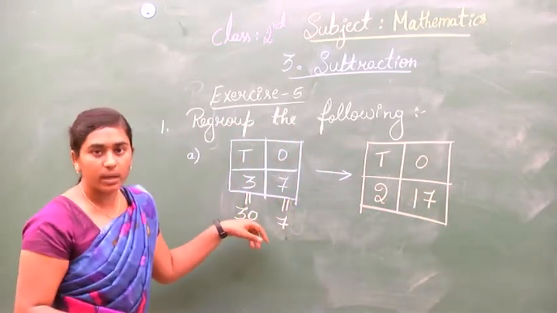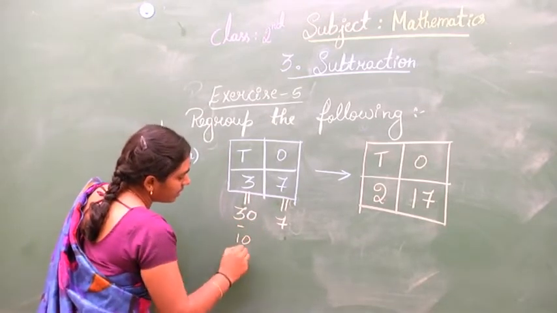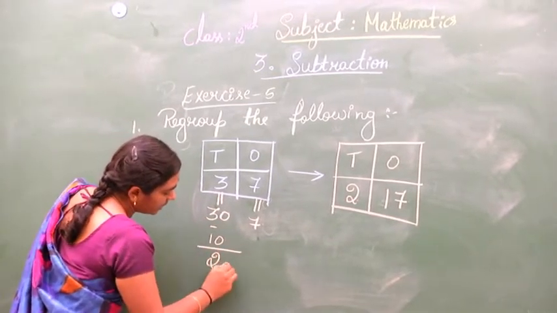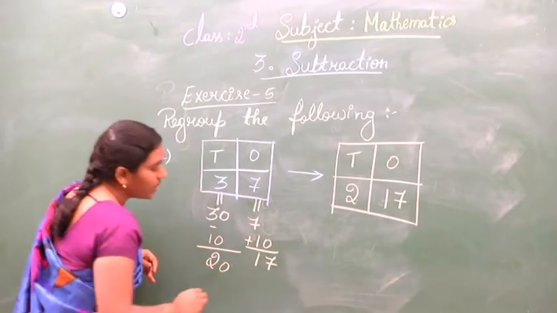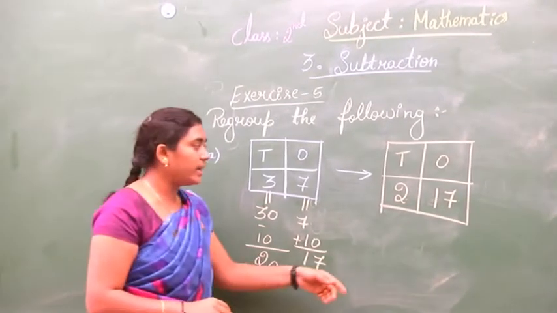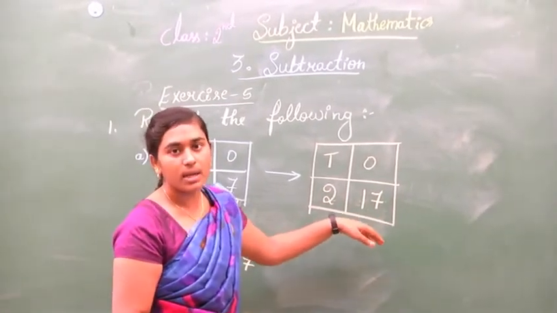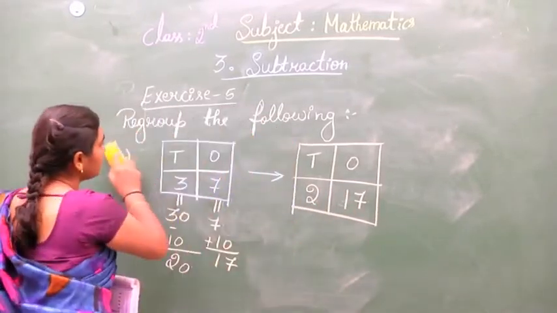We are removing 10 here, we will get 20 here, plus 10 will be added to the ones. So 2 tens and 17 ones. Like this we have to regroup. We see the next question.